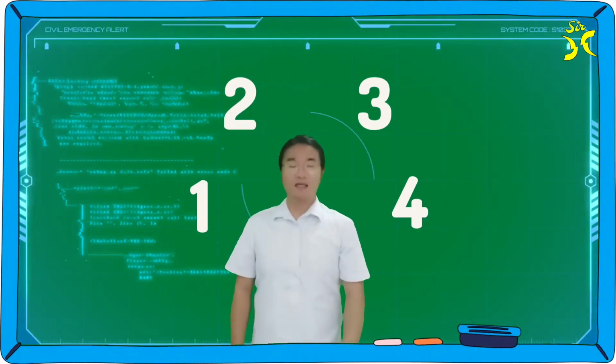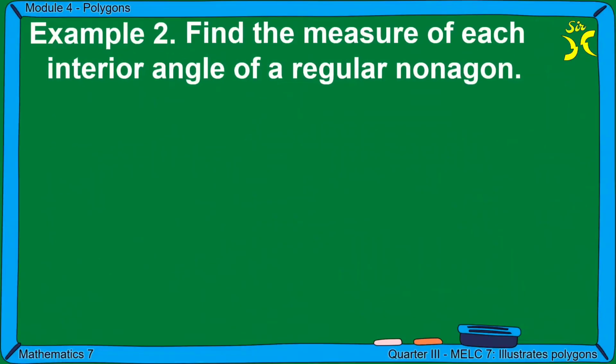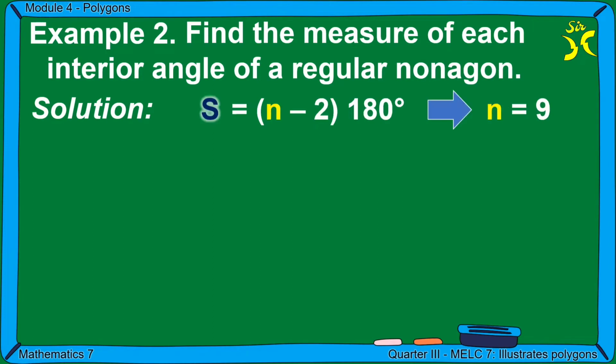Now let's have example number 2. Find the measure of each interior angle of a regular nonagon. For the solution, we will be using the formula S is equal to n minus 2 multiplied by 180 degrees, where the given n is equal to 9 because we have the nonagon which has 9 sides.